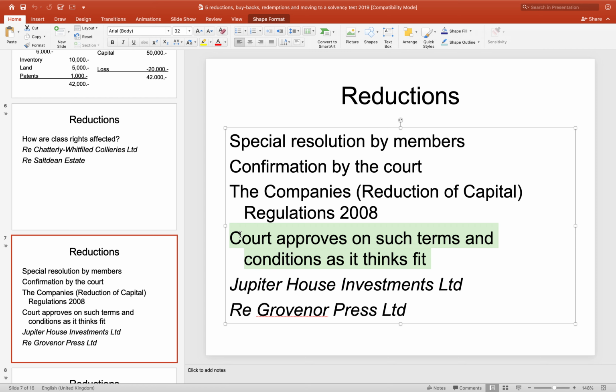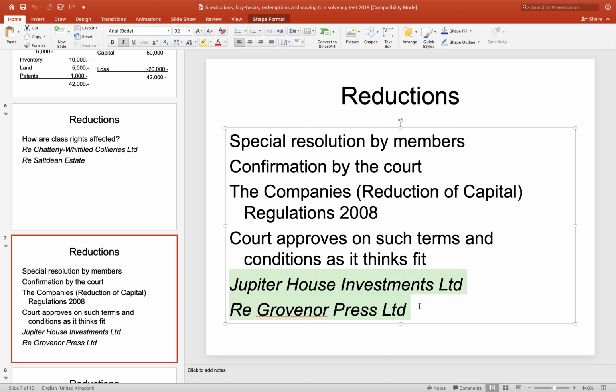So if your buffer becomes smaller, the members have to approve, but also the court has to approve it and can impose terms. The design of those terms is to adequately protect creditors, and we spoke about two examples of such terms.